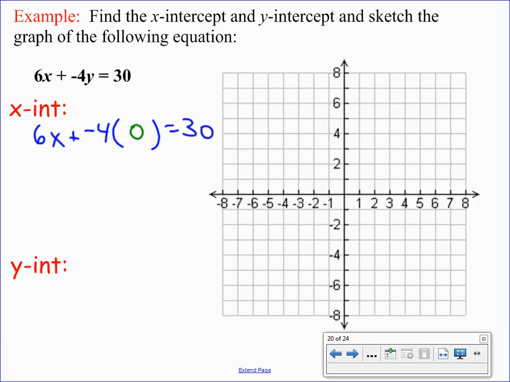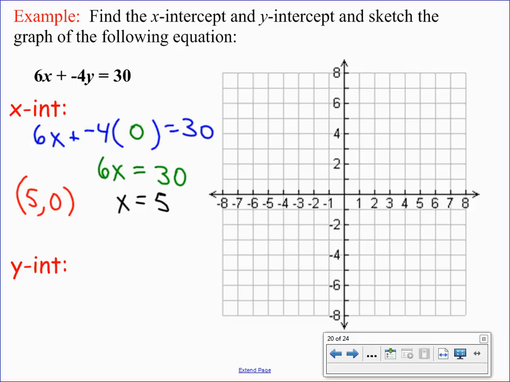It disappeared. It equals 0, so I'm left with the simple equation 6x equals 30. Now I can solve that through division. It looks like x equals 5. So my x-intercept in red would be 5, 0.